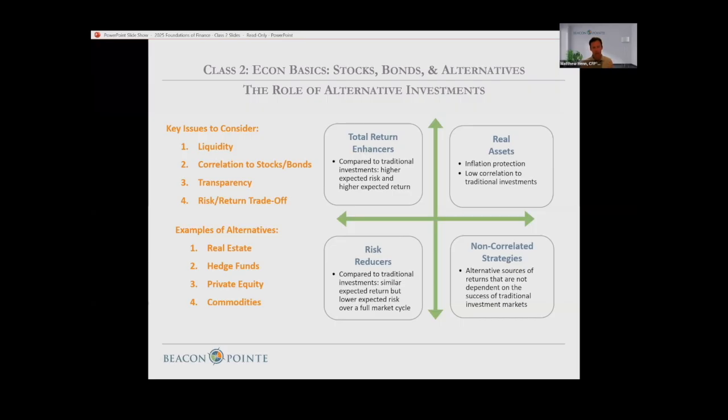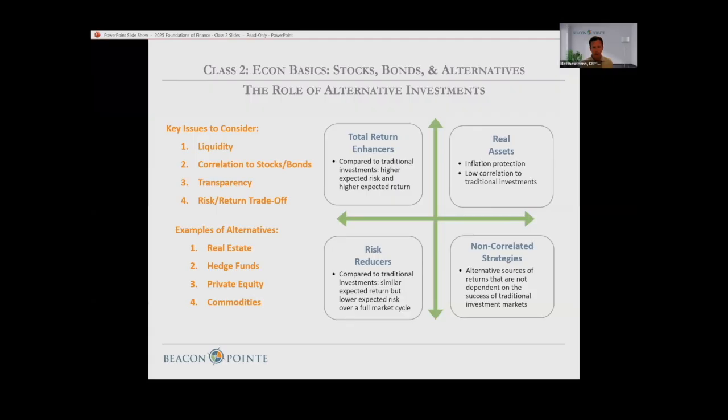And so for today's conversation, let's focus a little bit more on these private types of investments. Oftentimes there's less liquidity. That's something that needs to be considered as always. One of the reasons why investors appreciate these alternative investments is because they are less correlated to stocks and bonds.